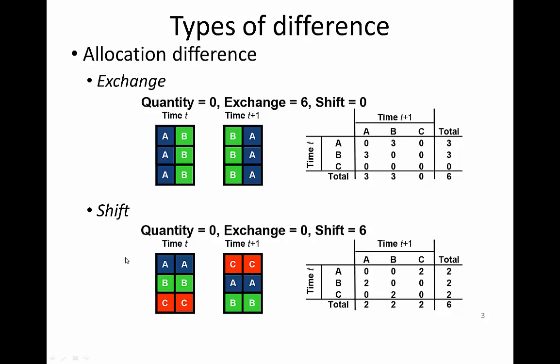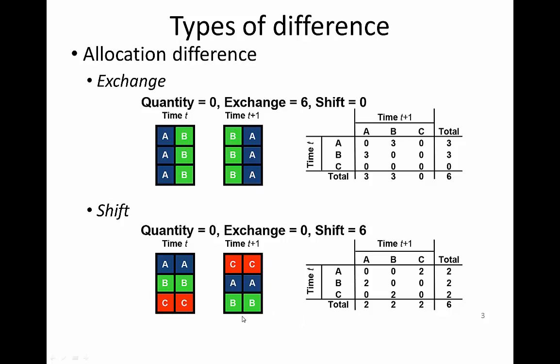Shift refers to the difference remaining after subtracting quantity difference and exchange from the total difference. The quantities are identical, but the allocation of the categories is less than maximum, but exchange is not occurring. Shift occurs when, for example, one element classified as A at time t plus 1 is classified as B at time t, but the opposite case does not occur.